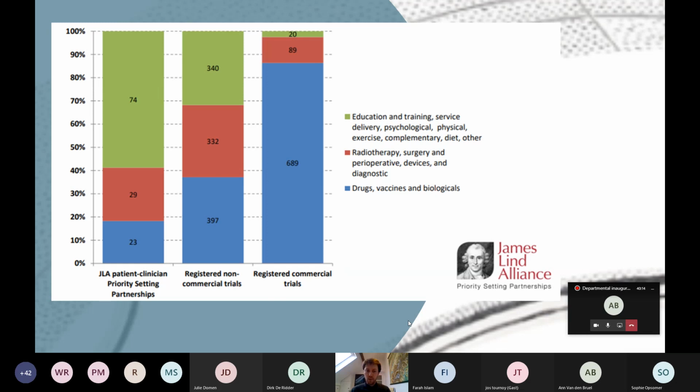But if you look at what these patient priority setting partnerships define, they find, or at least patients find, that there should be a lot more emphasis on the education, the psychosocial, lifestyle, and physical exercise type interventions. So the research world remains somewhat disconnected from clinical reality, and we need to find ways of integrating that.